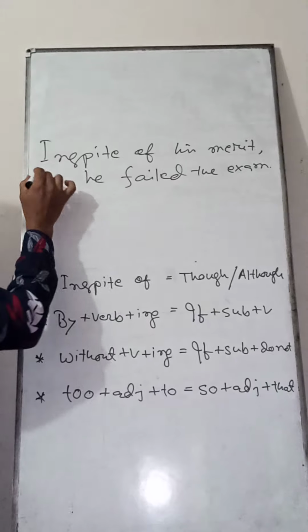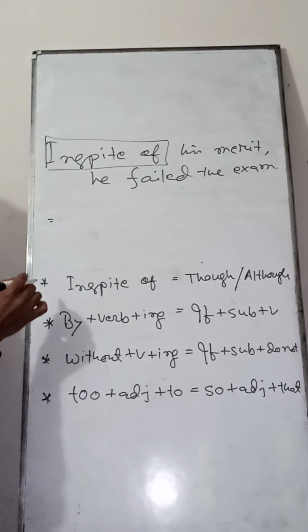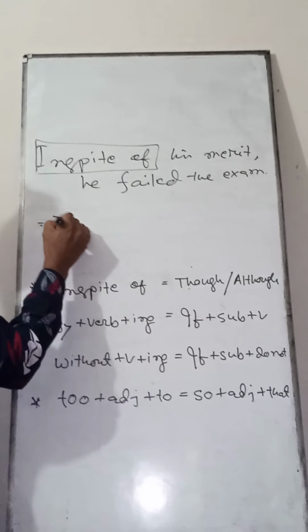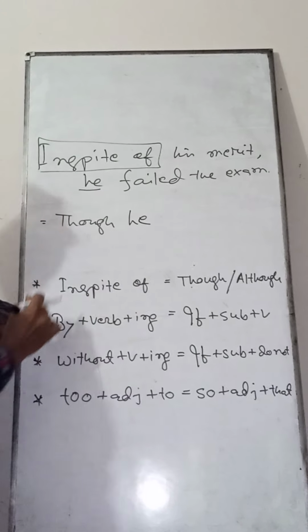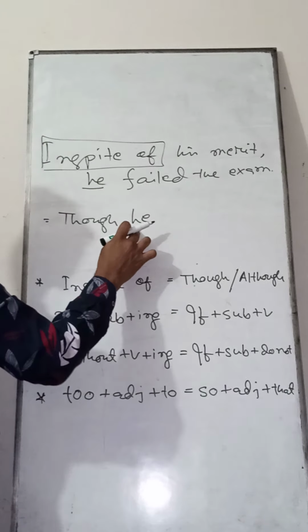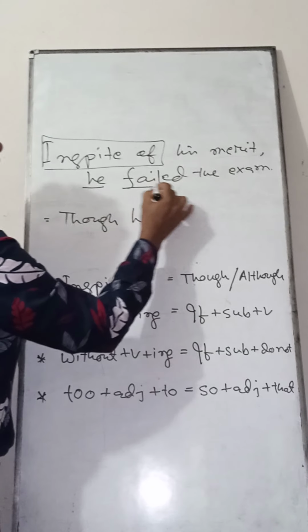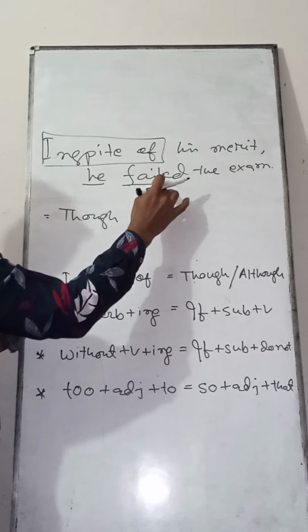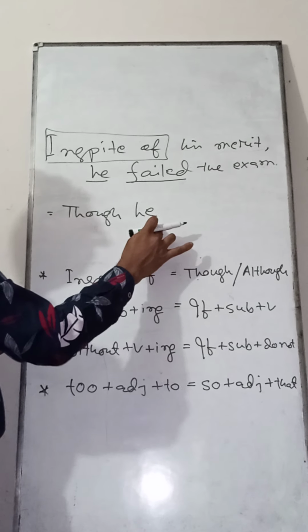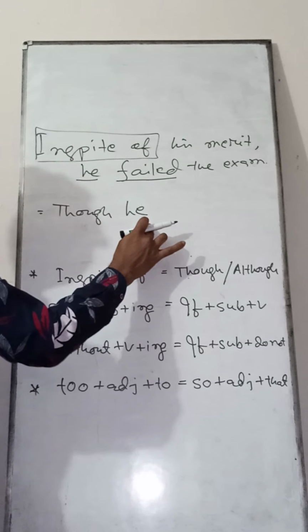You add first though, then the subject: though he was, because this is past form. If you find past form, you write the auxiliary verb was or were according to the subject.